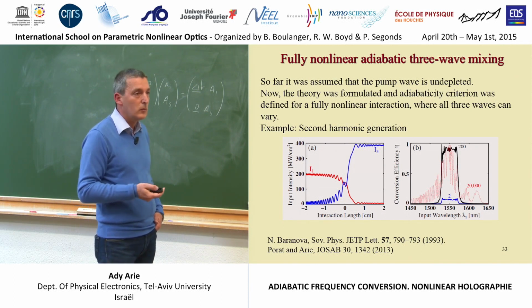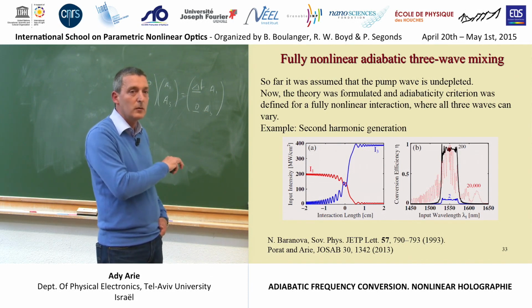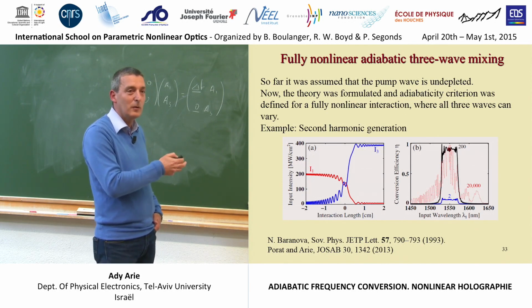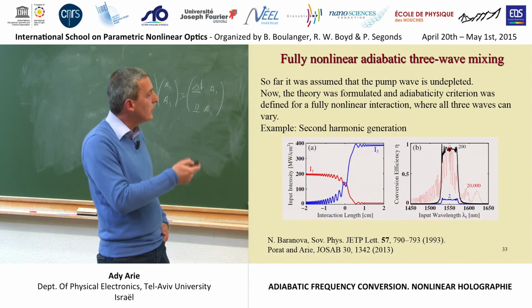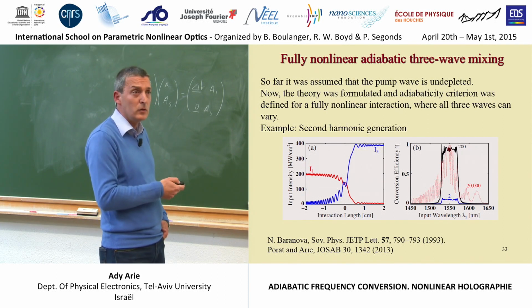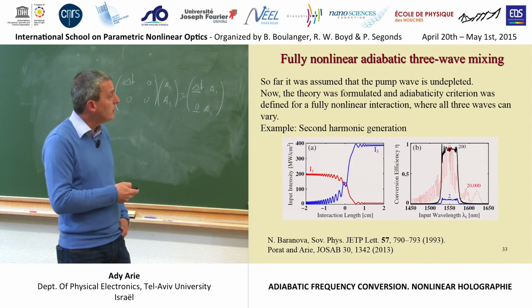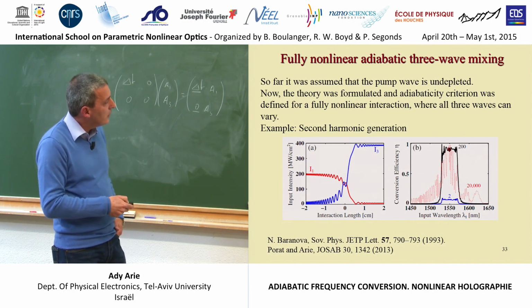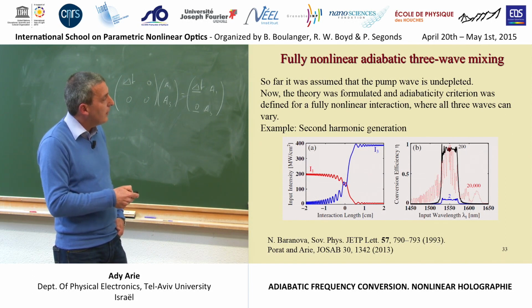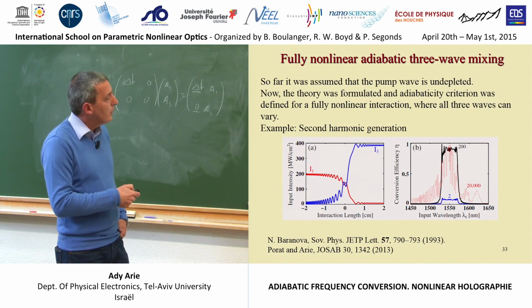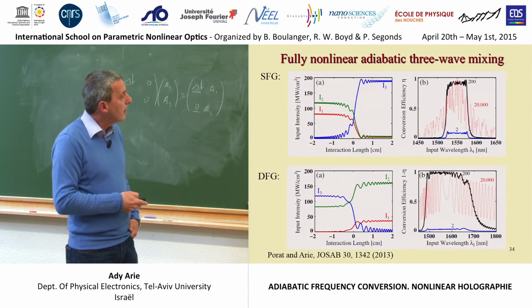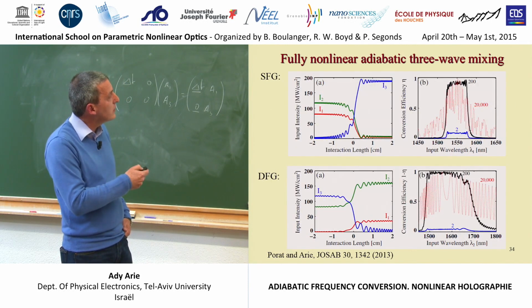We can have full conversion in second harmonic generation, which was not possible before, because we cannot do 100% efficiency without pump depletion in second harmonic. But we can also do sum frequency generation or difference frequency generation with the depleted pump. So this is an example of second harmonic generation. If we do it, we can have 100% efficiency in second harmonic generation, and the same for sum frequency and difference frequency.